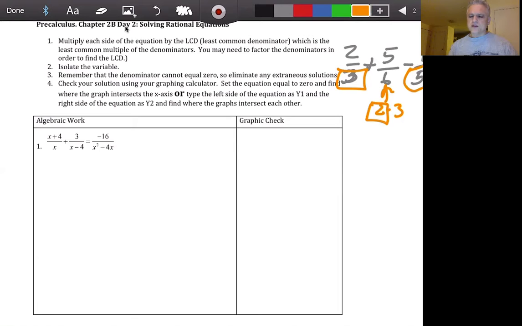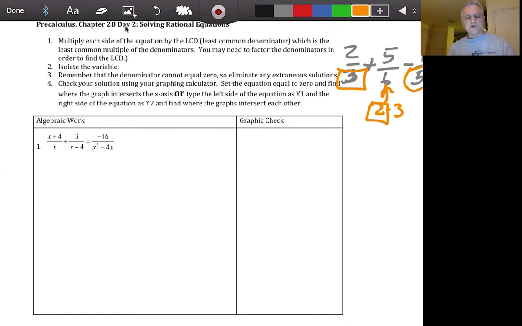So between 3, 5, and 6, your lowest common multiple, which is going to be your least common denominator, is going to be 3 times 2 times 5, which is 30. 3 is a factor of 30, 6 is a factor of 30, and 5 is a factor also of 30.